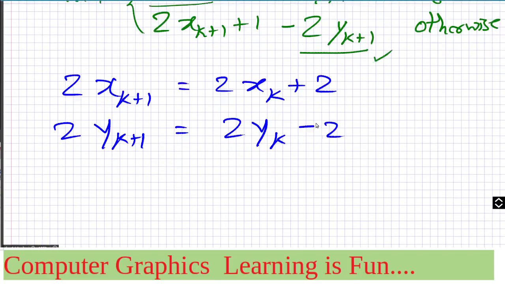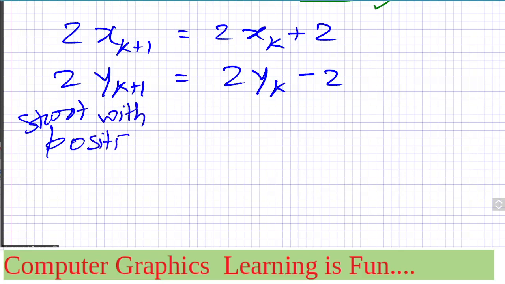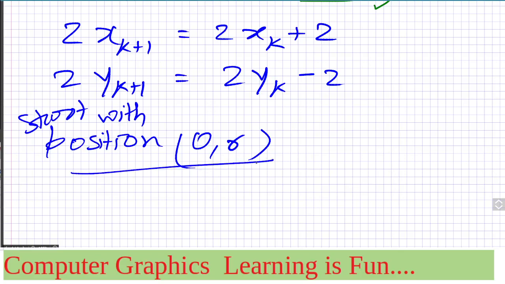So in the start what will happen? In the start you will keep the position, start with position 0 comma r. Okay, so at this position what will be the values of these two terms?